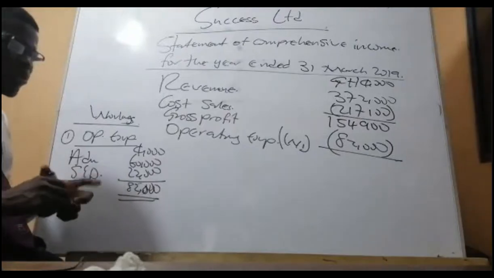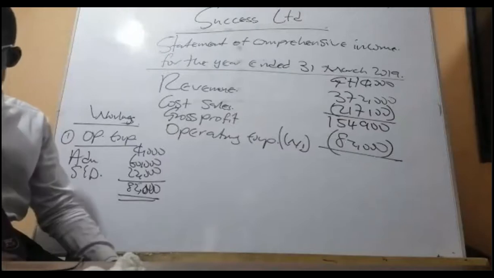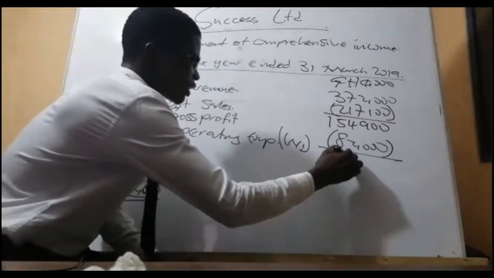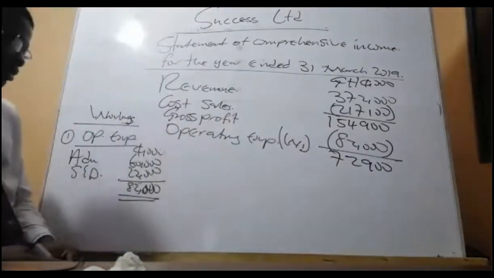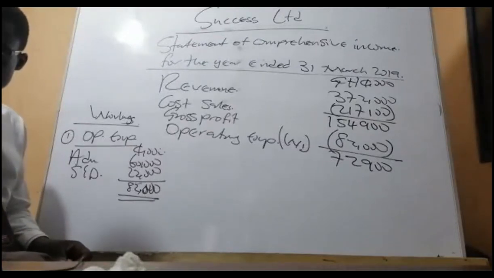So what would be the answer? And what's the name of the answer? So 72,900. And what's the name I'm going to give it? Good.